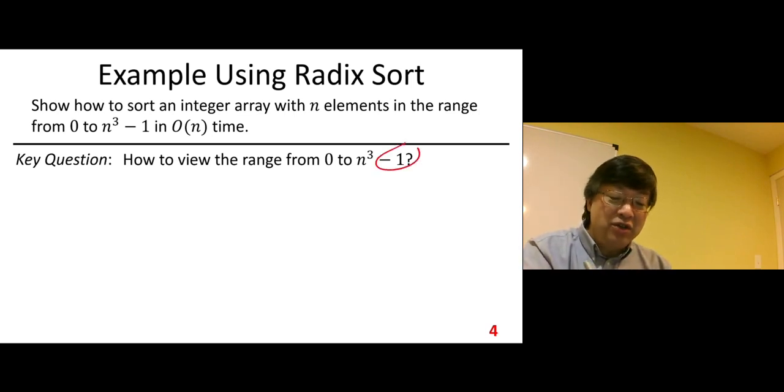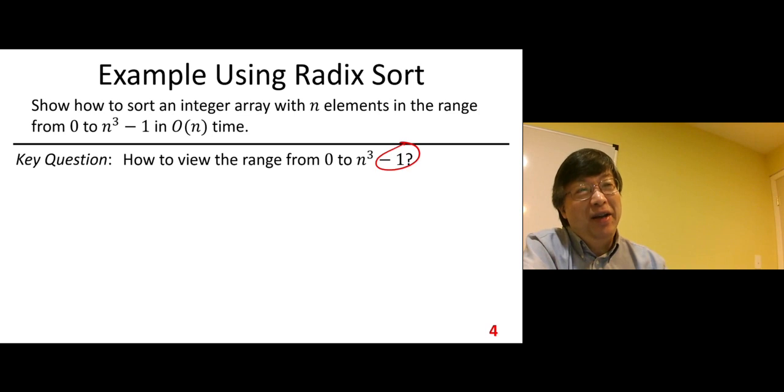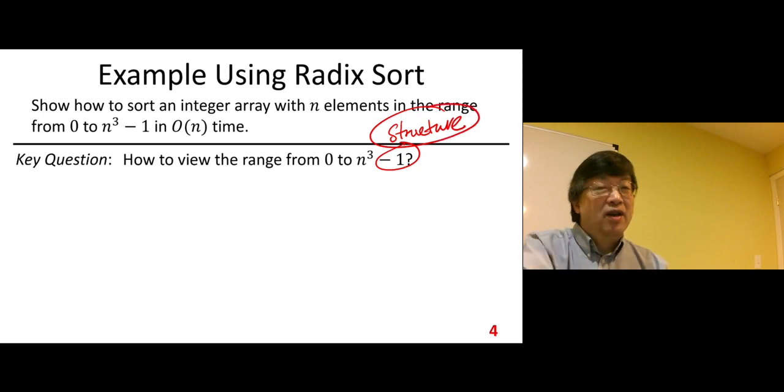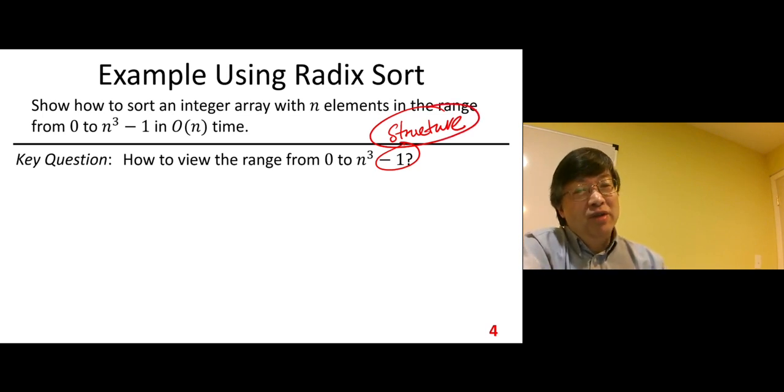Why is the minus 1 so important here? From the value point of view, minus 1 is not that important. But from the structure point of view, the minus 1 is important. There is a structure here.